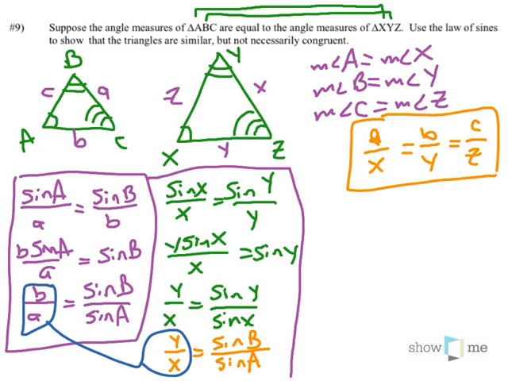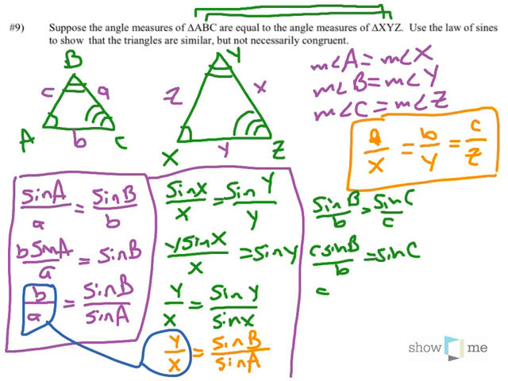We've got to do a similar thing now with, let's say, sine of b over b equals sine of c over c. We multiply both sides by c and divide both sides by sine of b.